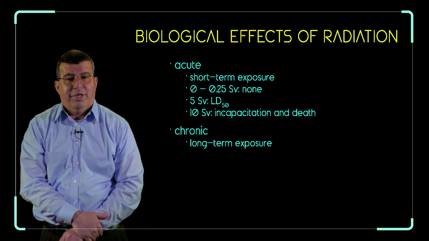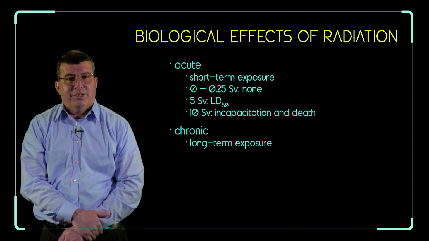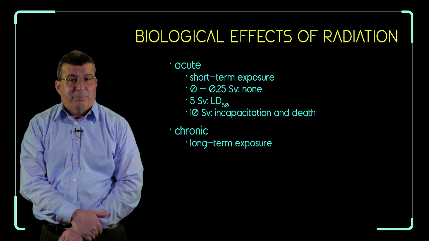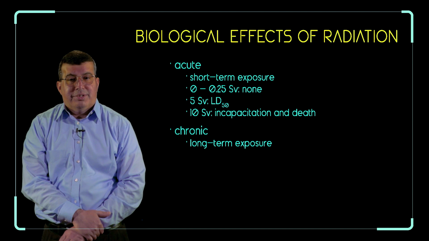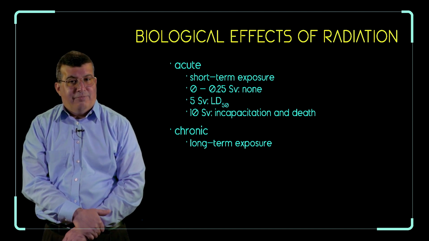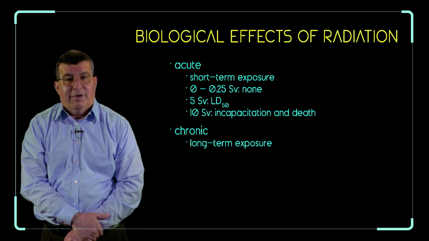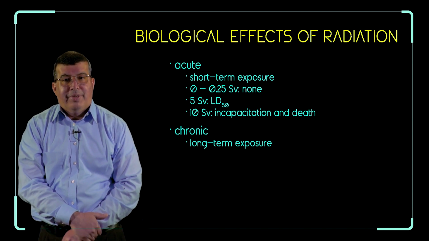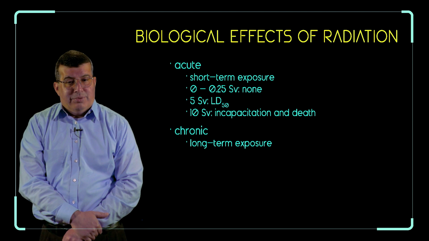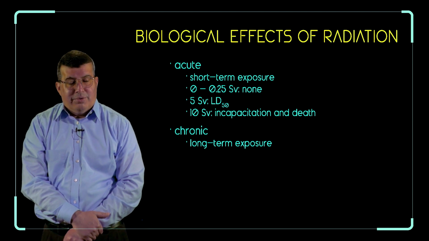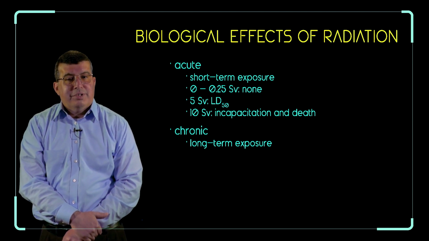So if you receive a dose of radiation all at once, that radiation will affect your body depending on this scale right here. 5 sieverts, 50-50, 10 sieverts, almost certain death. That's an acute dose. For a chronic dose, the concern there is cancer.